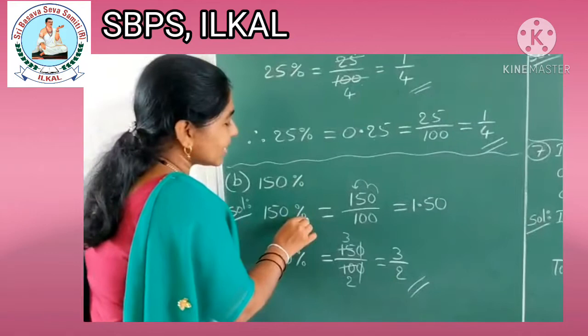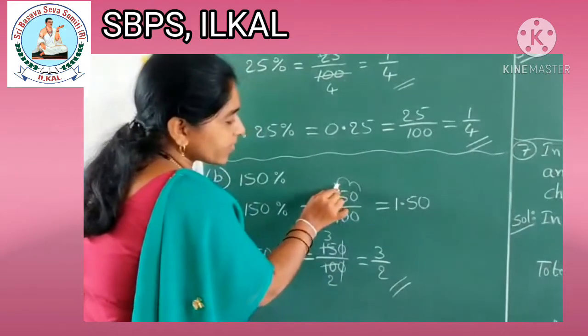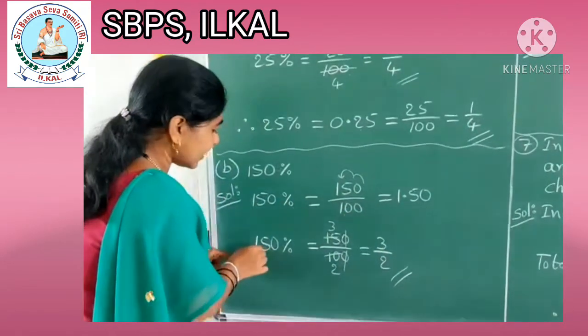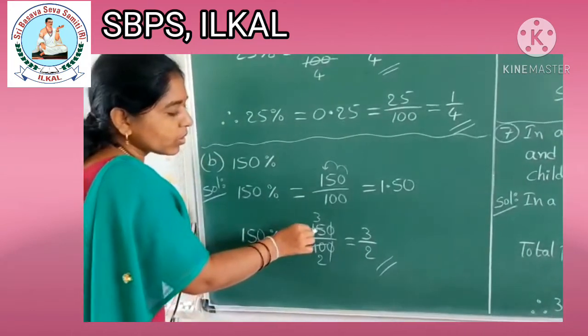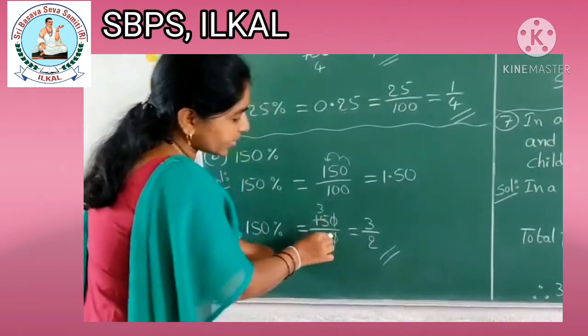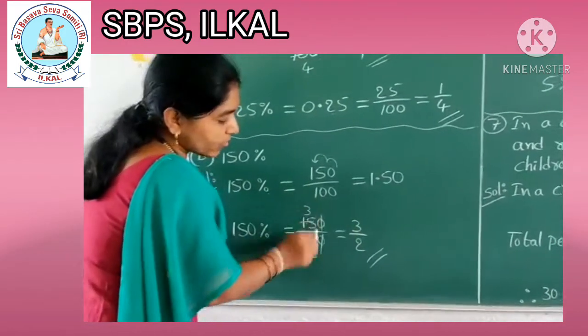150%. 150% is equal to 150 divided by 100. Two places if you shift it towards left, 1.50, it will become the same thing. 150% is equal to 150 divided by 100. 0, 0 strike out. 5 2s are 10, 5 3s are 15. If you strike out, 3 by 2 will remain.